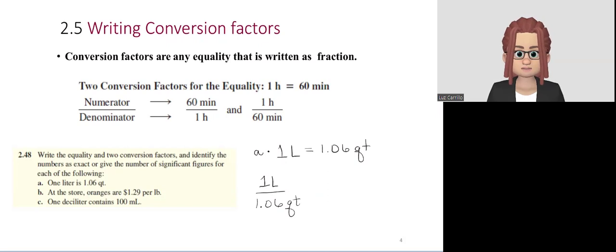If I write 1.06 quarts in the bottom, I'm going to write what that equals to, which is 1 liter. And that's how we write equalities and write the conversion factors. In other words, the written fractions that can be derived from them. Now, practice doing problem 2.48, B and C.